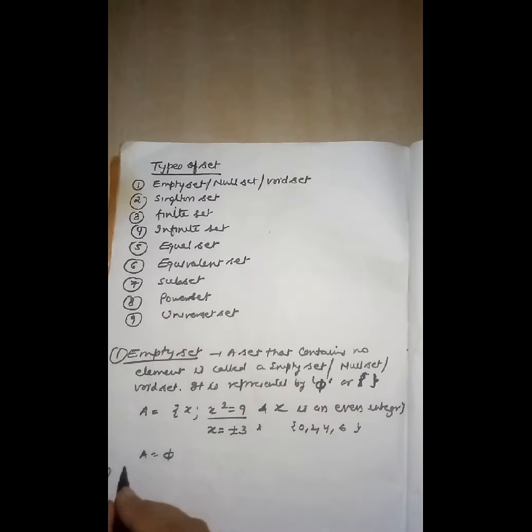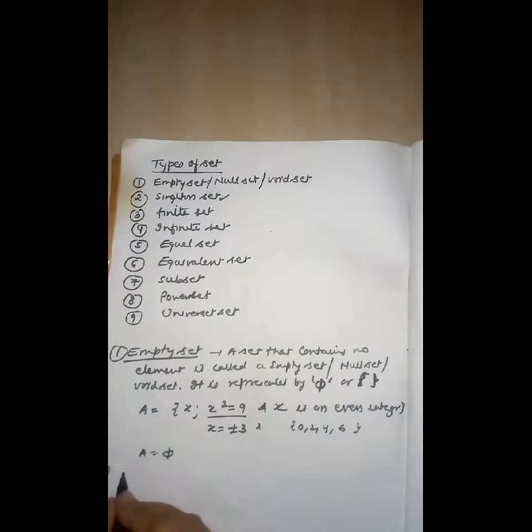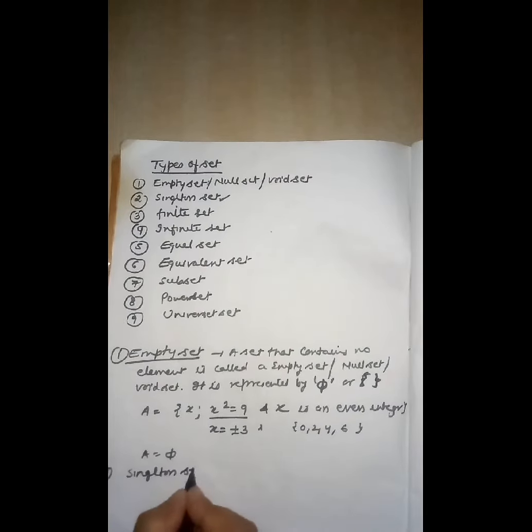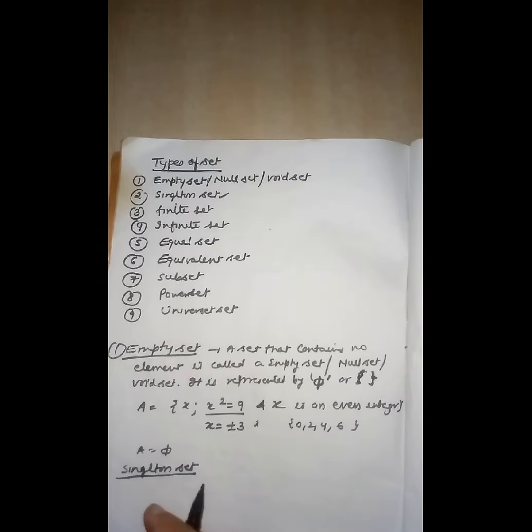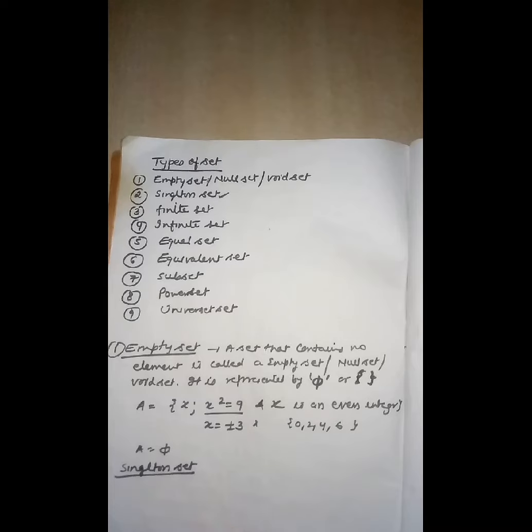Now the second type is the singleton set. The name shows a single value. It means a set which contains only one element.